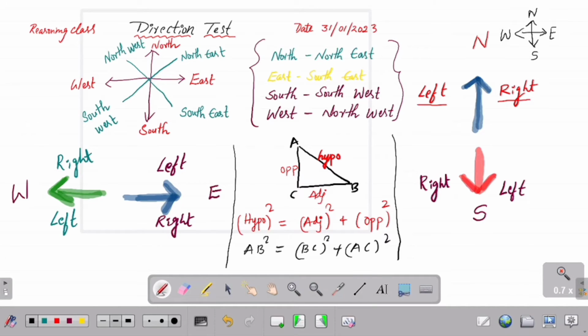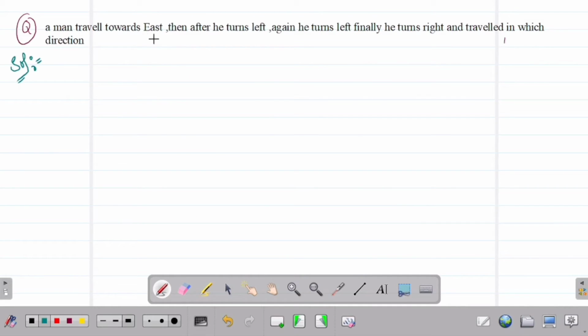Clear? Now a question: a man travels towards east, then after he turns left, again he turns left, finally he turns right. Which direction is he in finally?